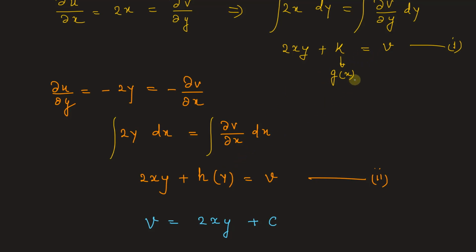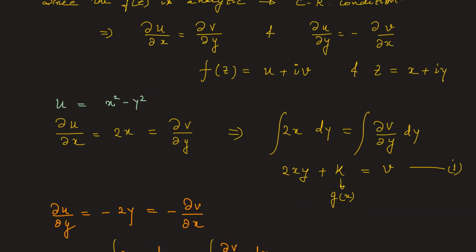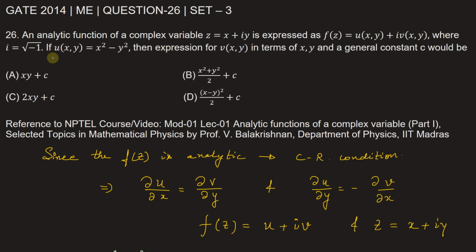So the summation of h of y and g of x must be a constant, and that constant here is c. All right, so this must be the value of v. So the correct option would be option C, 2xy plus c.